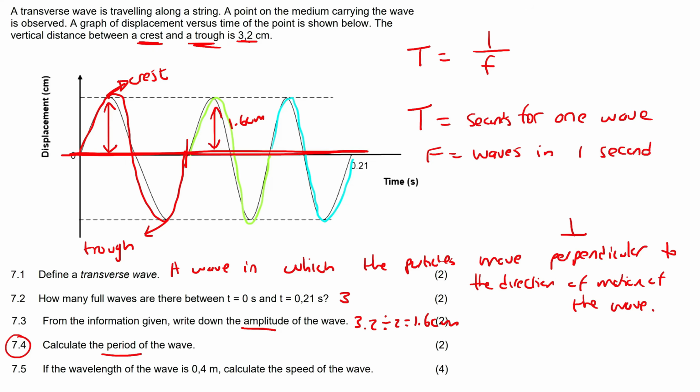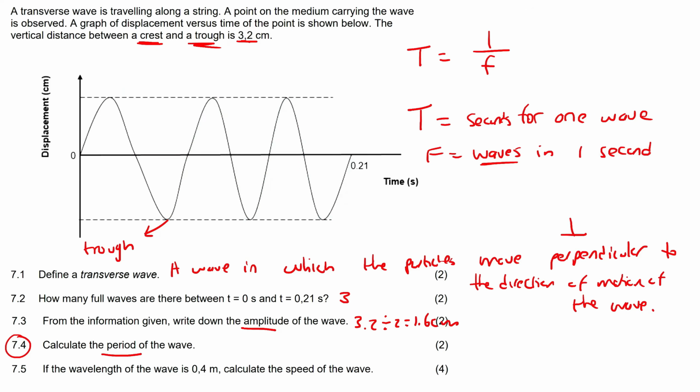So you see they're almost the same, but they're totally different. Period says how many seconds we need for one wave, whereas frequency says how many waves there will be in 1 second. So if we look carefully, we can see that there are 3 waves in 0.21 seconds. So how many seconds do you need for one wave? You could then say 0.21 divided by 3, and that'll be 0.07 seconds.